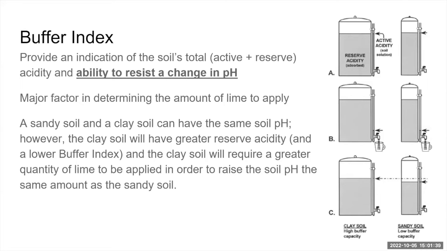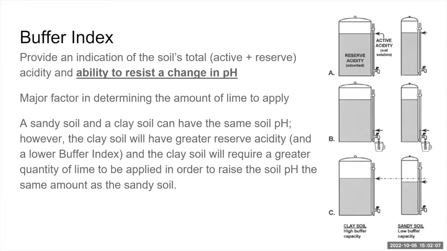When I learned about buffer indexes and the buffering ability of soils in school, they liked to use the metaphor of a coffee dispenser. If you picture two coffee dispensers side by side, they both have a tube on the outside that measures the level of coffee in that dispenser, but the reservoir could be any size. It could be larger or it could be smaller.